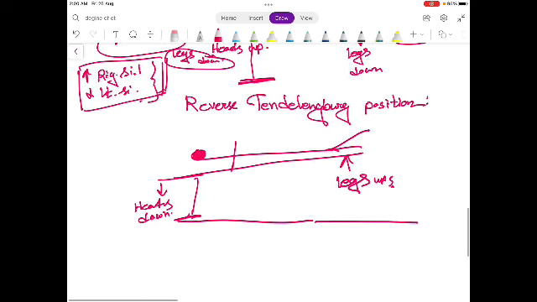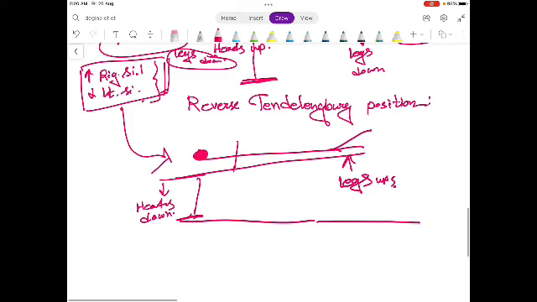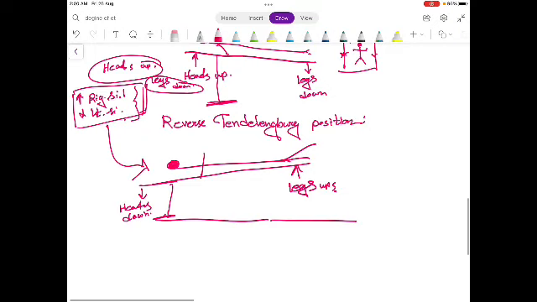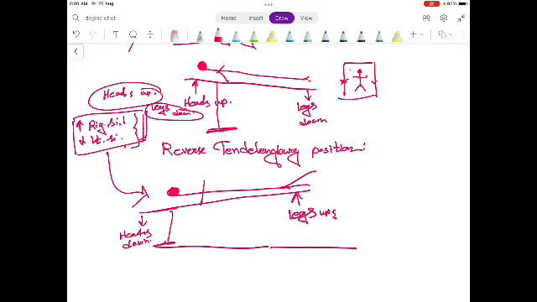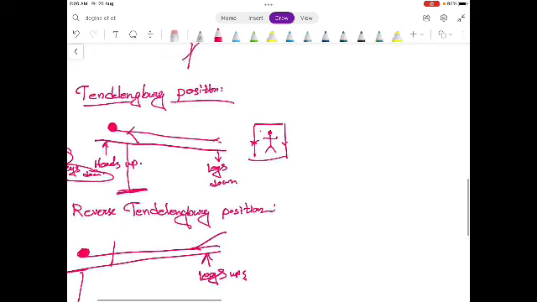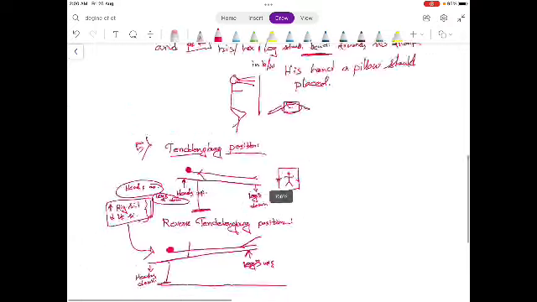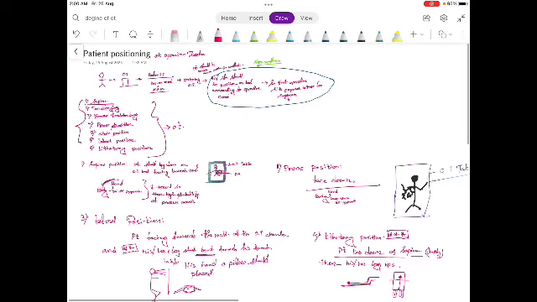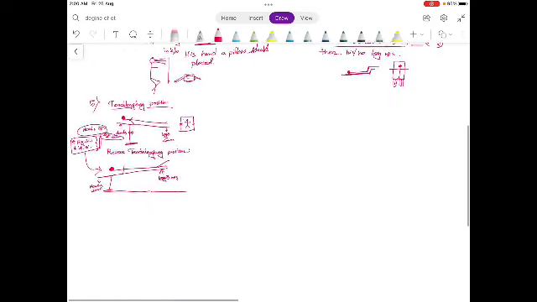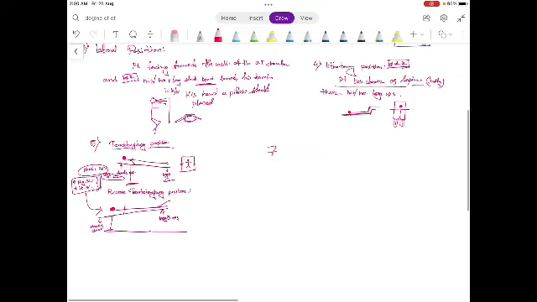So this should be referred to as the reverse Trendelenburg position, and this also applies here because this is the operation need procedure. So this could be done in the reverse Trendelenburg position too. But if you remember the Trendelenburg position, then the reverse Trendelenburg position would be very easy to remember, right?